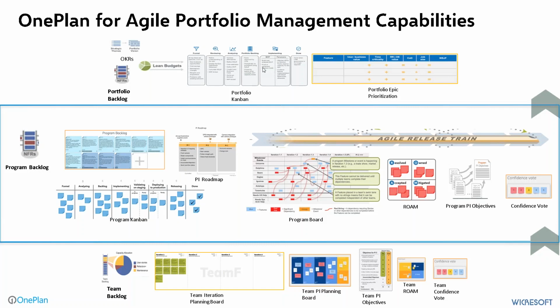So I just want to highlight so that you can see how that all comes together, and how we need to actually have our Agile portfolio management solution address all of those different capabilities that you see here. It's a little busy, but it's really intended to show that you really have to have all the components together in order to get to that business agility through lean portfolio management.